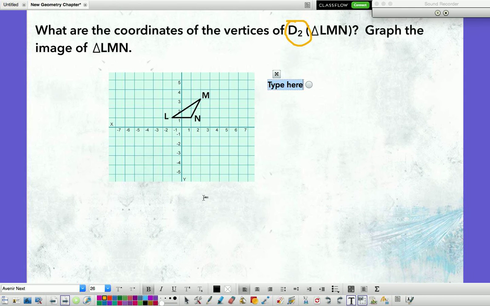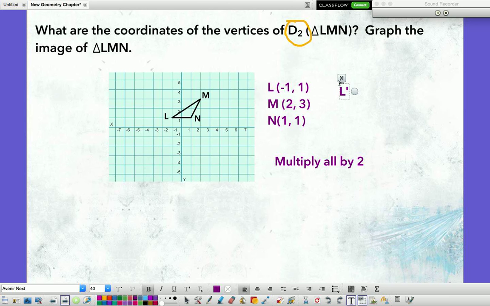Okay, so my original coordinates are negative 1, 1, 2, 3, 1, 1.